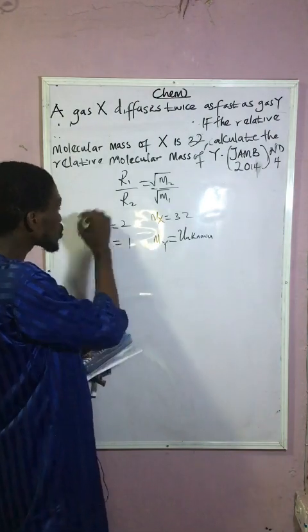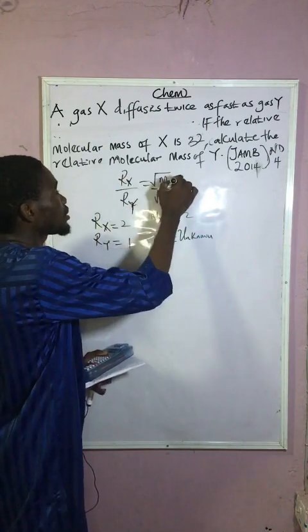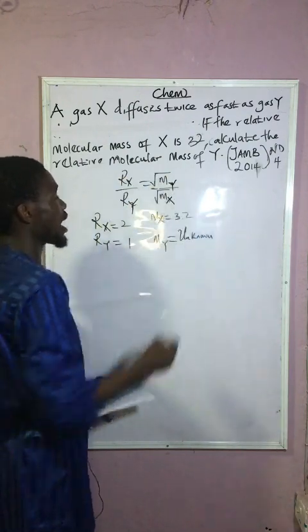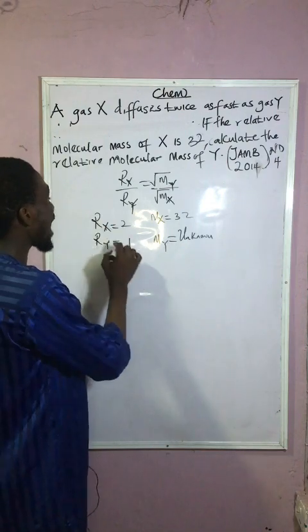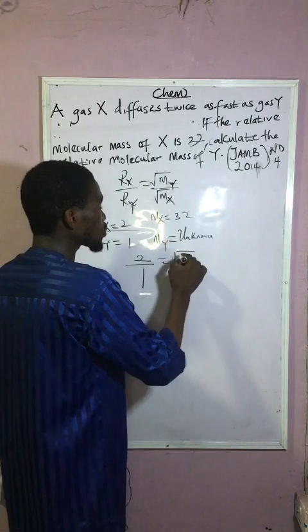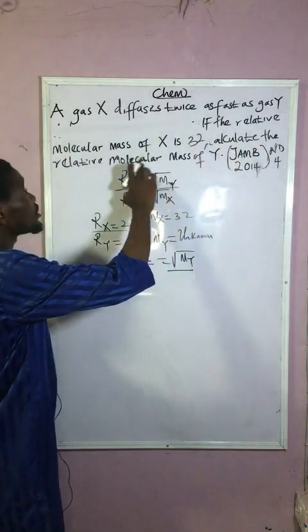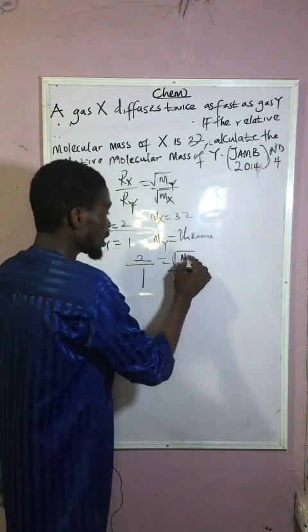So let's input all the parameters now. We change this to X, Y, and X. So we can say our RX over RY is 2 over 1, equal to the square root of MY over MX, because we are looking for the relative molecular mass of Y. Let's make use of the letter.